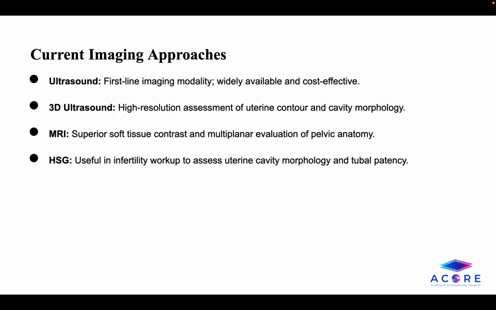MRI is also valuable because it offers very good soft tissue contrast and multiplanar imaging, and this allows detailed evaluation of the uterus, cervix, vagina, and surrounding pelvic structures, which make it especially useful for complex anomalies. Hysterosalpingography, or HSG, is often used during infertility evaluations because it can assess both the uterine cavity and fallopian tube patency.